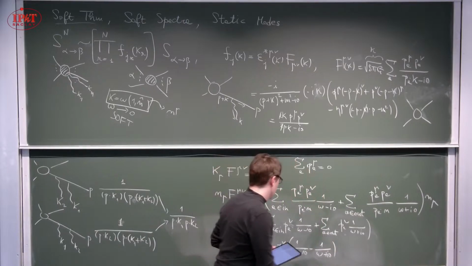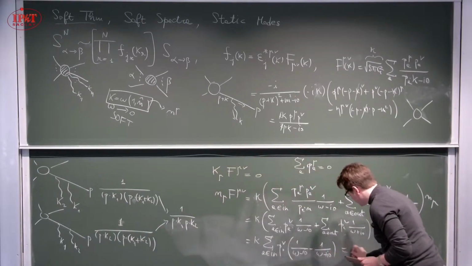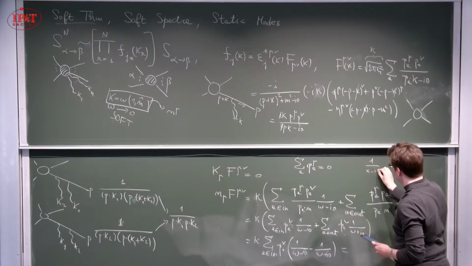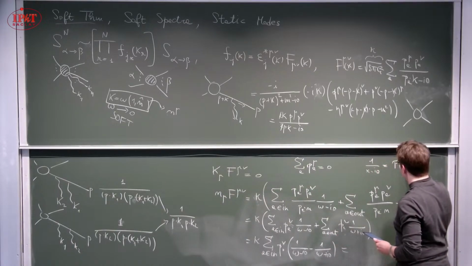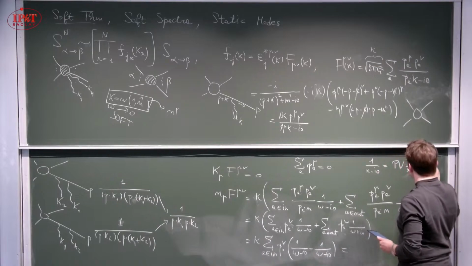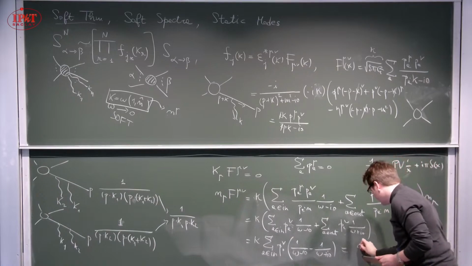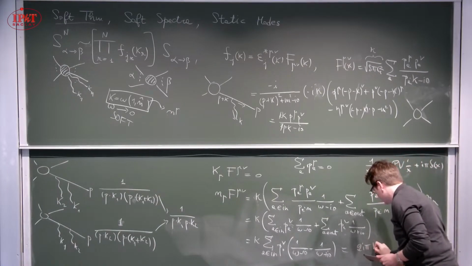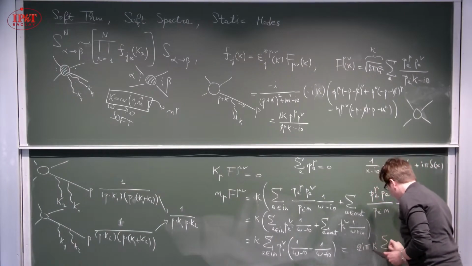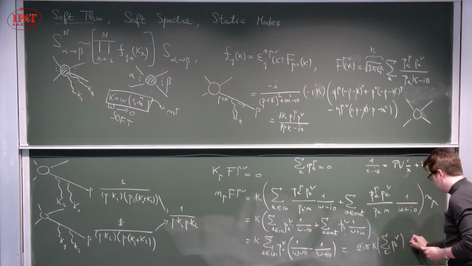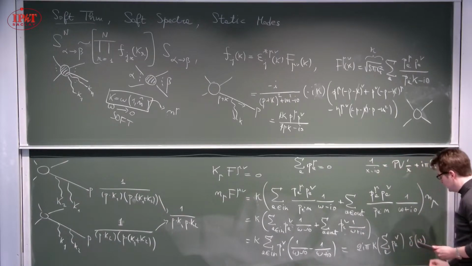And then now you recognize this usual identity 1 over x. So using that, we should find 2 pi i kappa sum over a, nu, delta of omega.